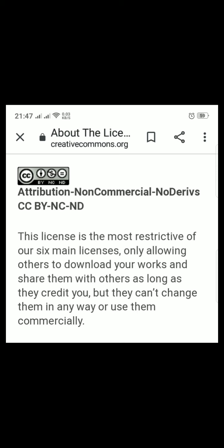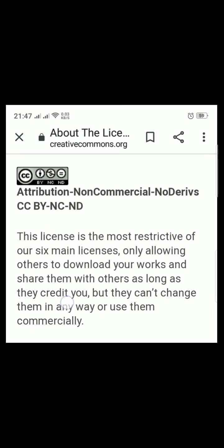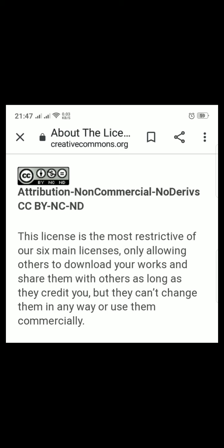So if you are taking this license, you are restricting others from making any change or from using it for their commercial purpose. So there are two aspects here. It should be used non-commercially, and not a single change can be made to your original research work.